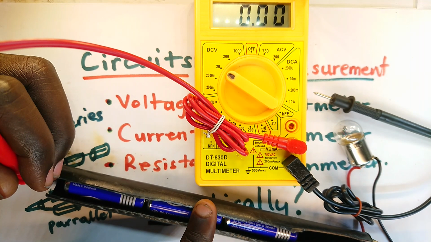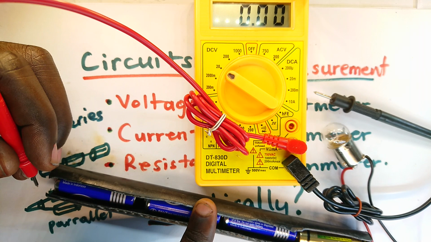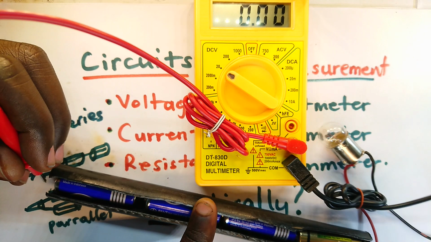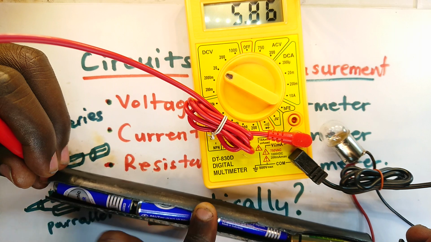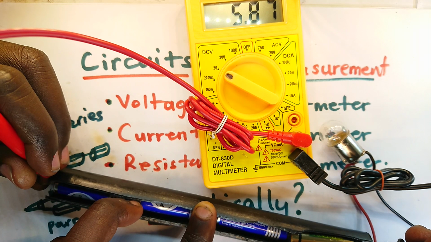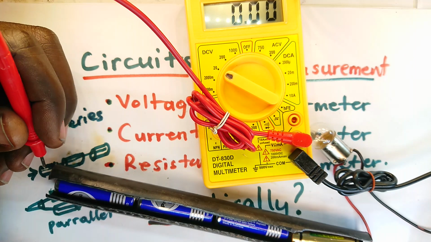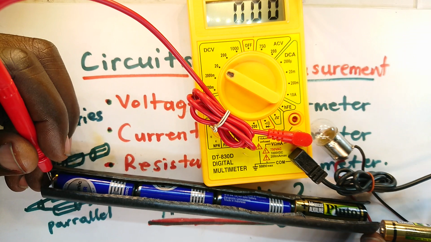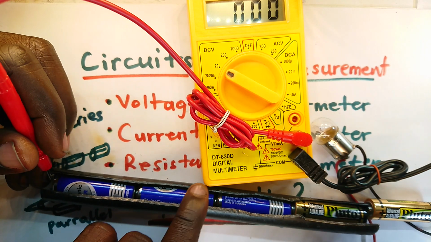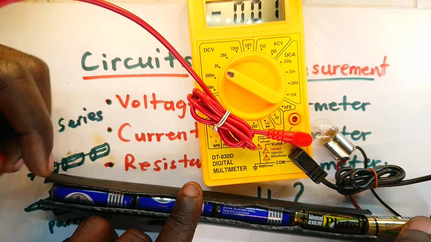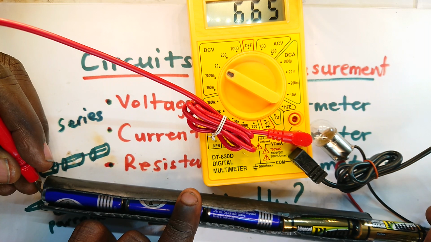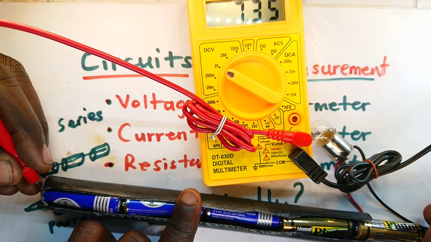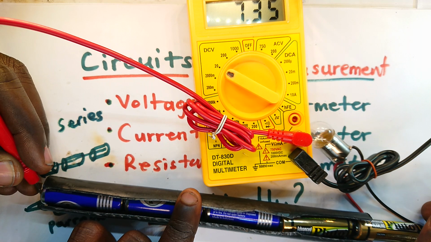Now I'm moving it to the 4th cell, and that comes to 5.86. We expected 6, and that's close. And then we put the 5th one, we expect 7.5. That's 1.5 times 5, and what do we get? 7.34.